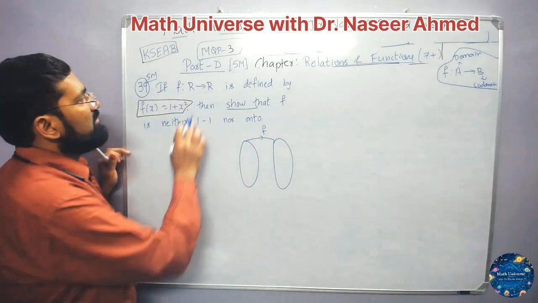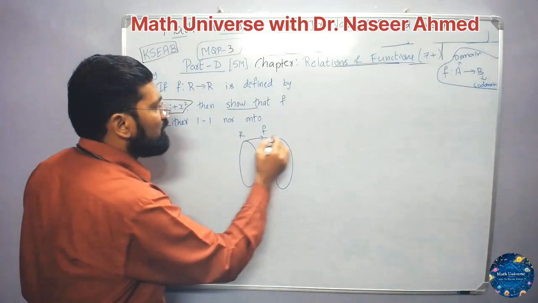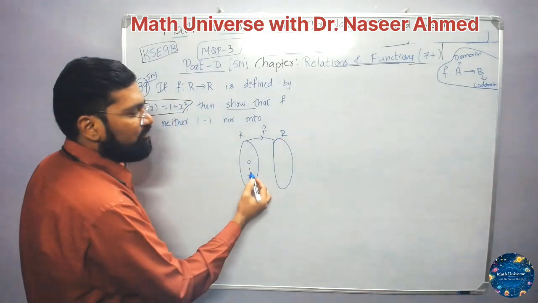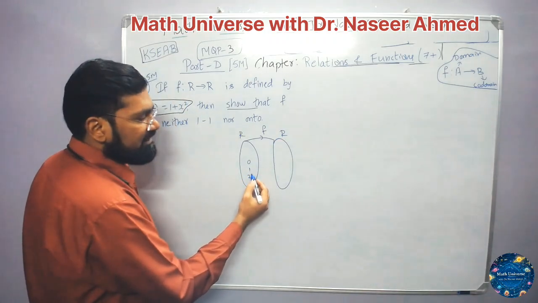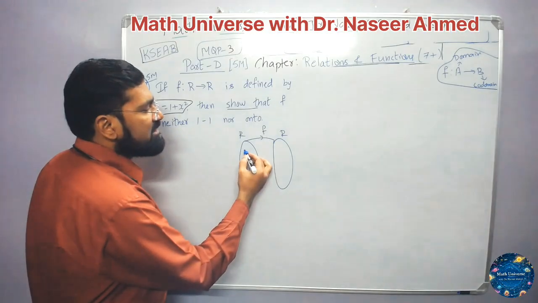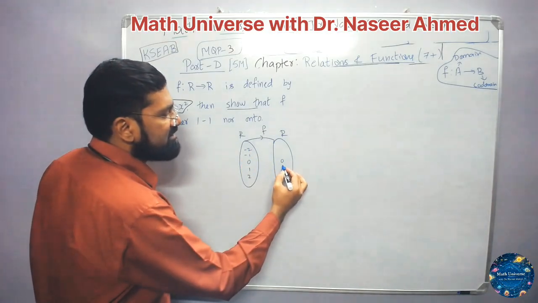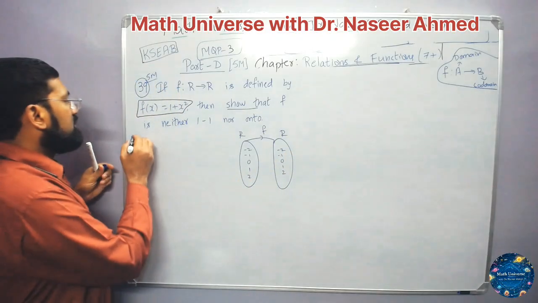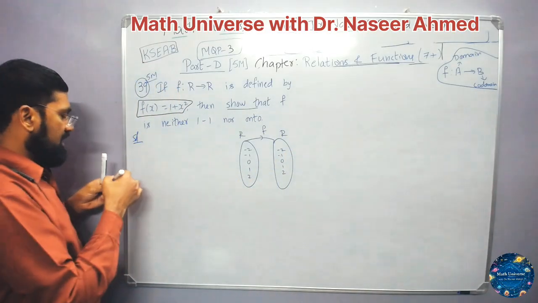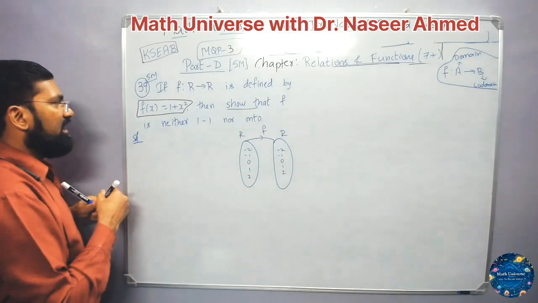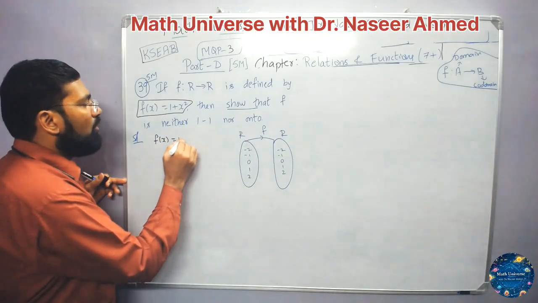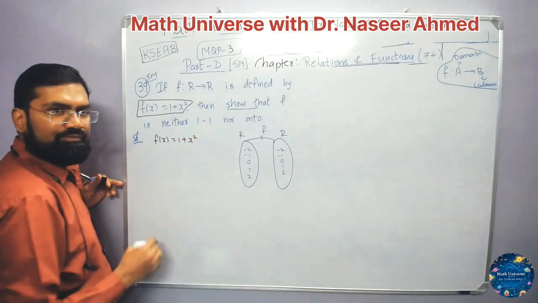Okay, now domain is R, codomain is R. In fact, many real numbers are there, but just for explanation sake, I am just trying to write in this manner. Okay, now coming to the solution part, we have f of x is equal to 1 plus x square.